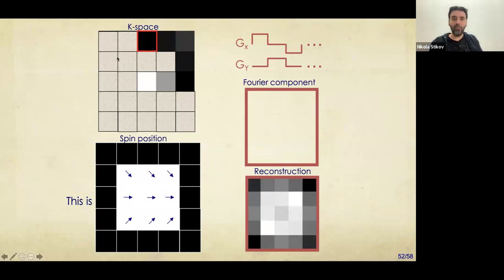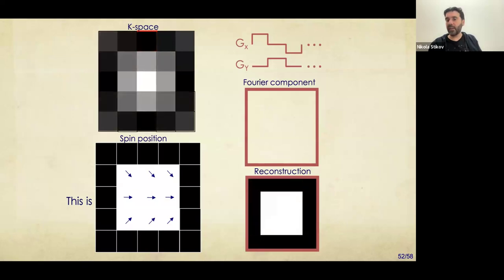So imagine that I have moved around and explored every single point here. If I do that, I add all of the components and I end up with a reconstruction of the square that I started with. So this may look anticlimactic, but I think I set it up well. You didn't know that that was a square. You just had a black box.